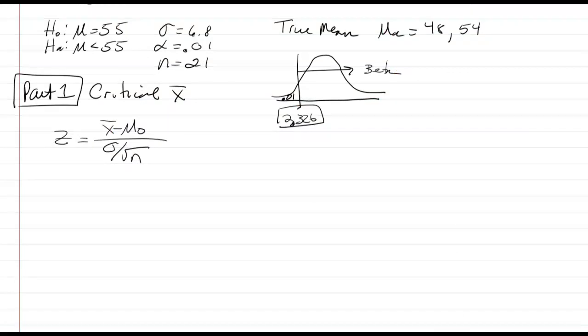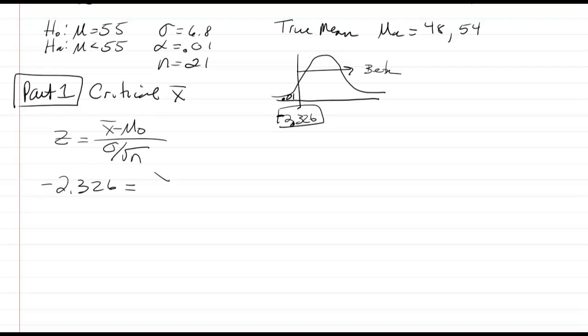Now, again, this is why the pictures are so incredibly important. I want you to stop yourself: negative or positive? Clearly it's a left-tailed test, so that's going to be a negative 2.326. That's what we're going to plug in for the test statistic, for the z standardized score.